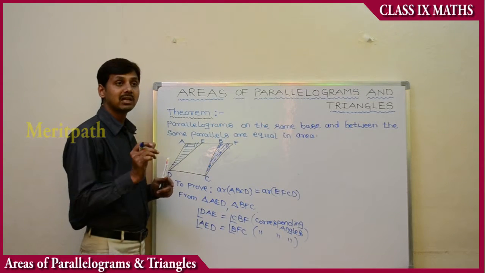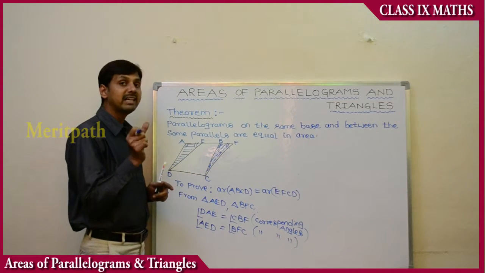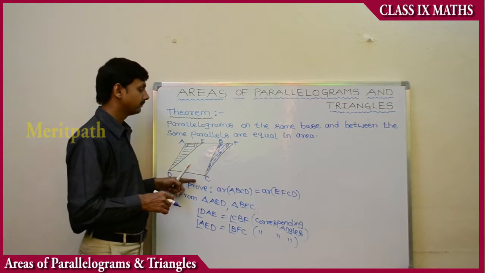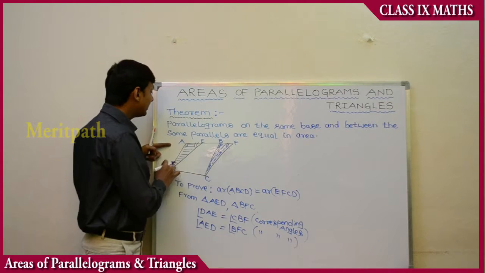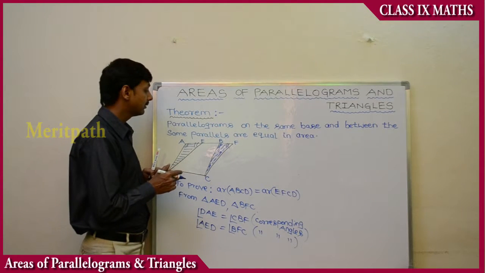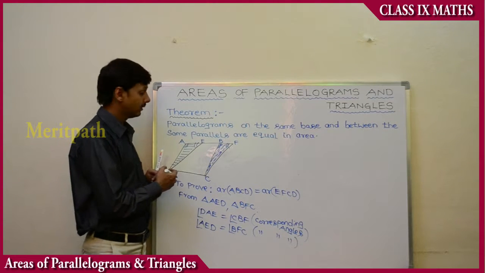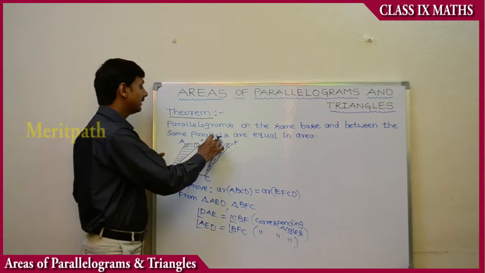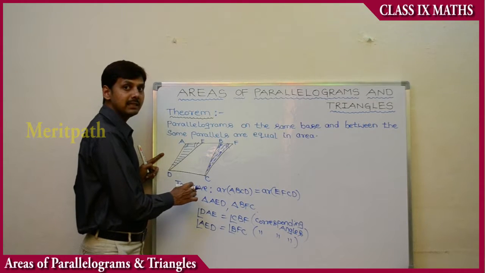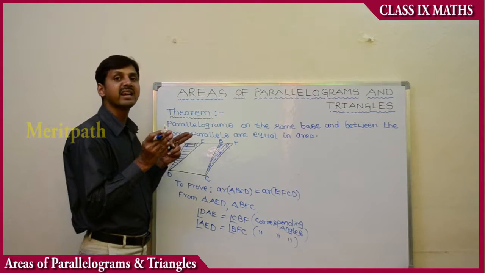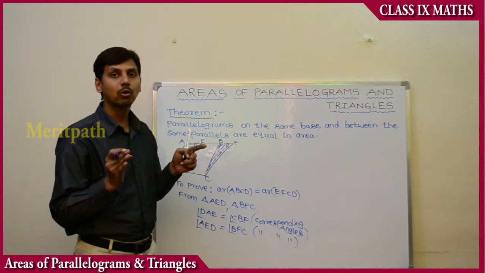So in the triangles, the two angles are equal, and we observe here the sides AD and BC. ABCD is a parallelogram, so AD is parallel to BC, and they are equal. Opposite sides are parallel and equal in a parallelogram.